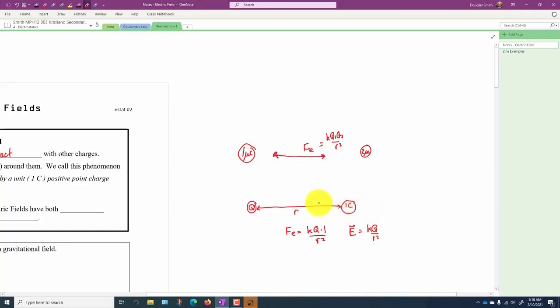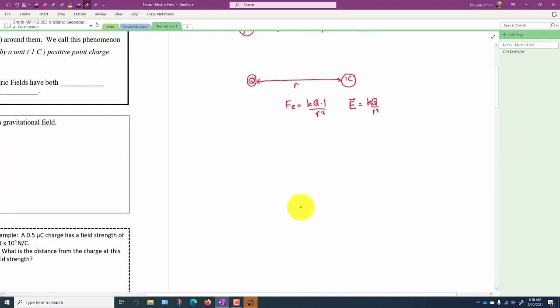The direction that we give the electric field is we work under the idea of what a positive charge would do within the field of another charge. So we call it a positive test charge. So if we have a charge here, say 3 microcoulombs, and I want to know what the electric field is at that point there, well, we say, if that point was a positive charge, what would it do?